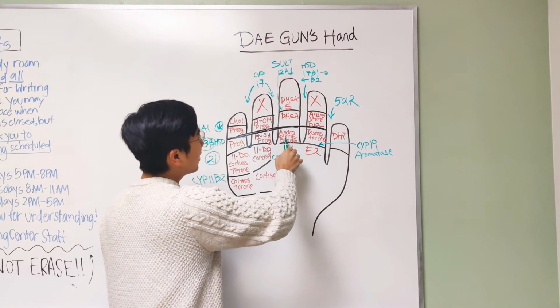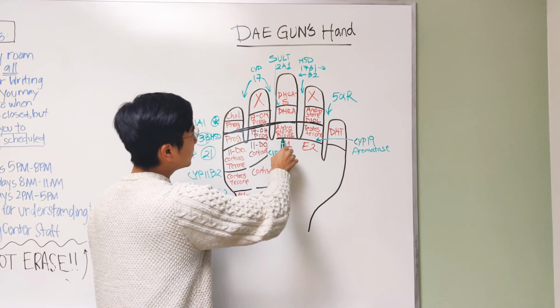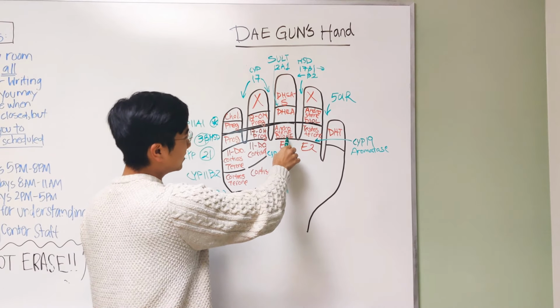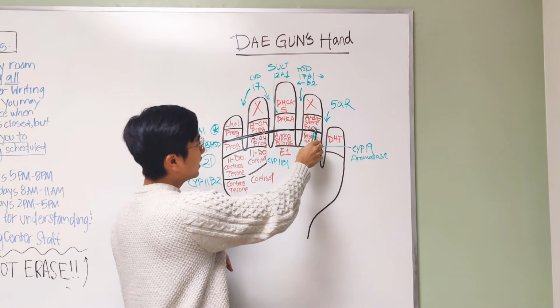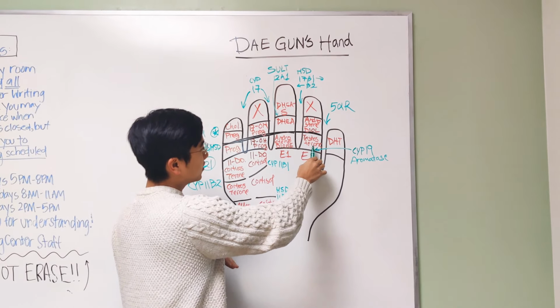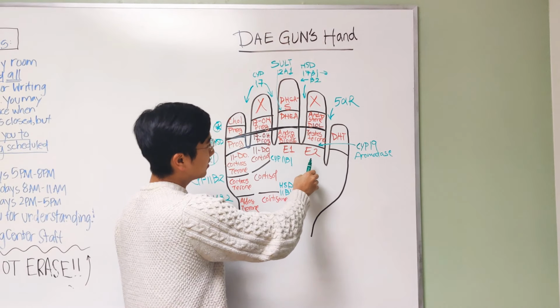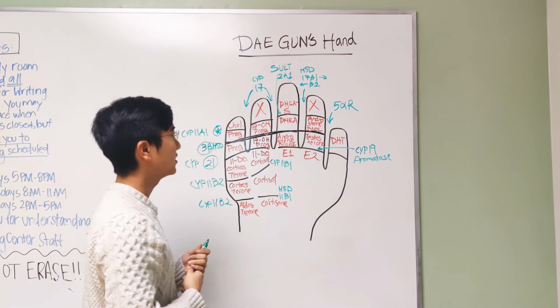Then I have DHEA, which goes into androstenedione, and the 1 should remind me that it is right above estrone. Androstenedione goes into testosterone, which becomes E2 estradiol, and testosterone also converts into DHT.